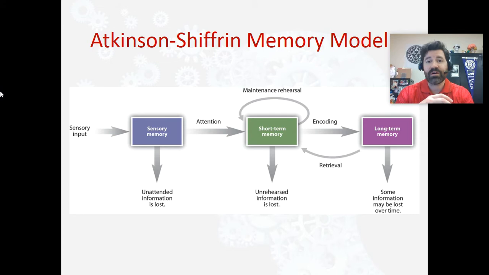Those might be sounds that are unique or familiar, such as your name. If your brain decides that that sensory information is important and it pays attention to it, it'll move to the next memory system. If, however, your brain decides that it's not important, then it's unattended to and it's lost, it's forgotten. It's important to remember that your sensory memory really only lasts 2 or 3 seconds.